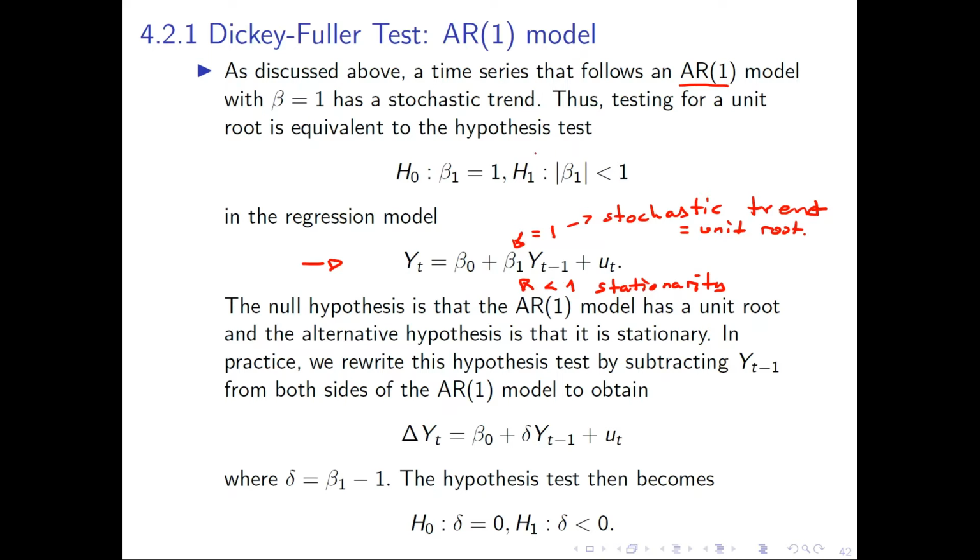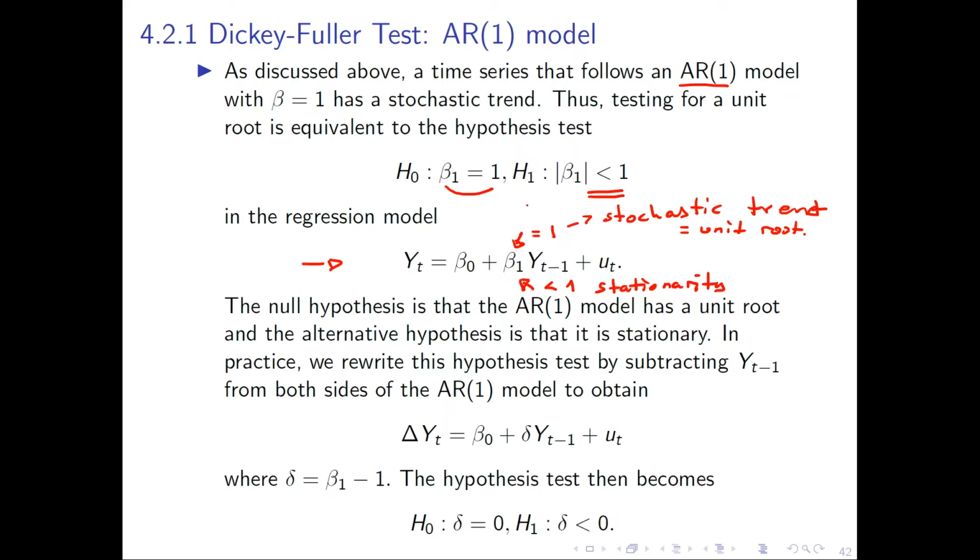And the null hypothesis here is that you have the problem. So if you run a hypothesis test on this slope and reject the null hypothesis of this being equal to 1, then you assume stationarity. Remember that this is a one-sided test.